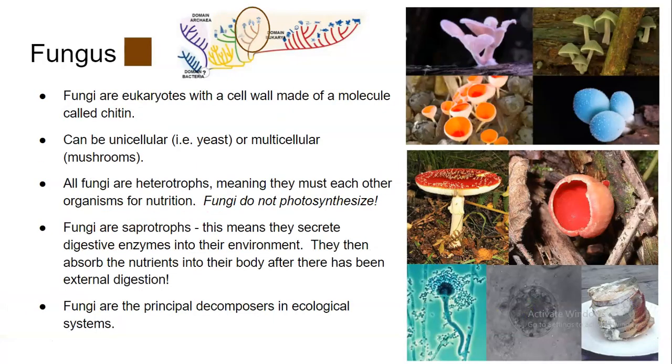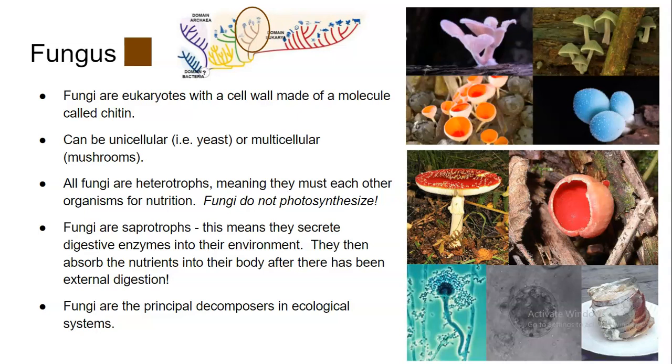All right, the fungal kingdom, or fungus. So fungi are also eukaryotic, so they have a nucleus. They have a cell wall like plants, but their cell wall is made out of a different molecule called chitin. Chitin is actually a sugar used more often by animals than plants.